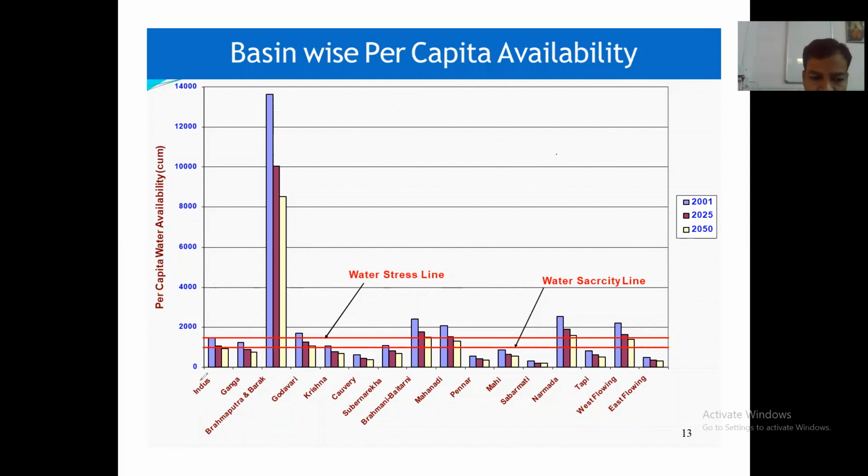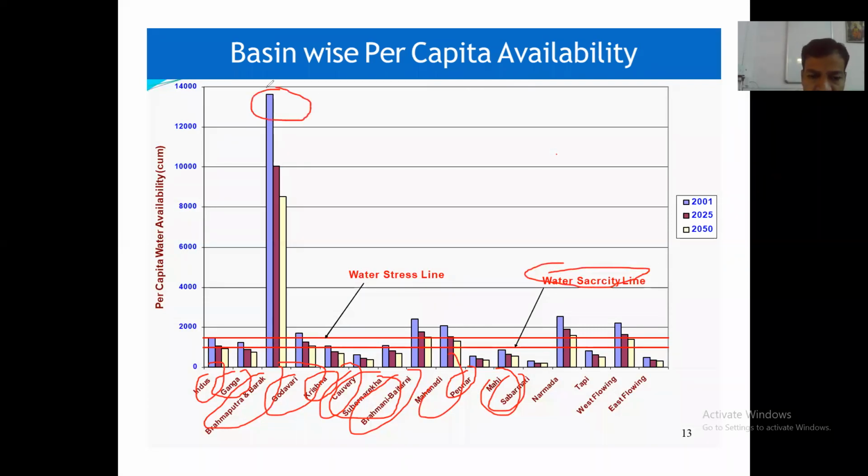In Ganga river, it is shown here. Indus, Brahmaputra and Barak. The per capita water availability is higher for this river. In Godavari, Krishna, Kaveri, Subarnarekha, Brahmani and Baitarani, Mahanadi, Pennar, Mahi, Sabarmati, Narmada, Tapi, west flowing rivers and east flowing rivers. The scarcity line is shown here.